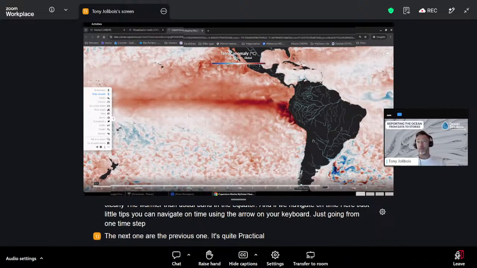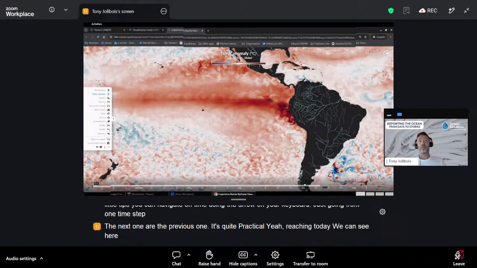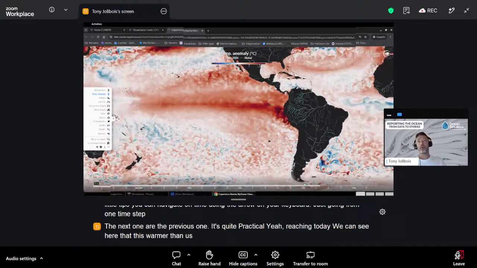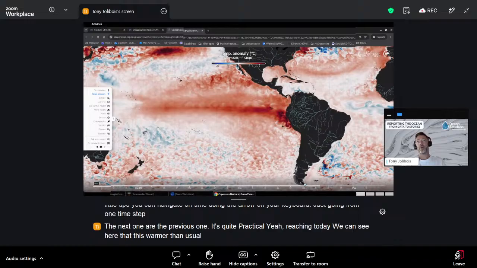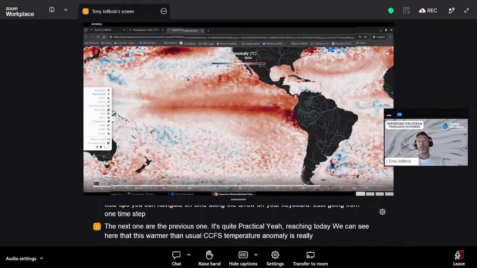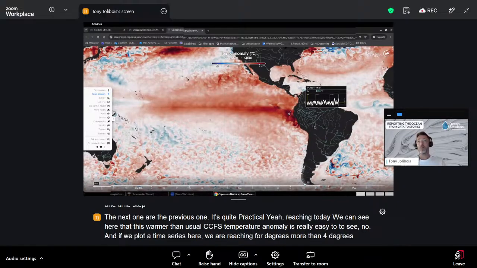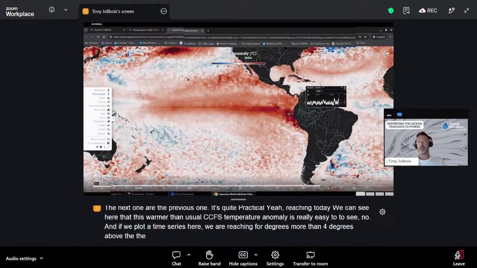And reaching today, we can see here that this warmer than usual sea surface temperature anomaly is really easy to see, no? And if we plot the time series here, we are reaching more than 4 degrees above the average.